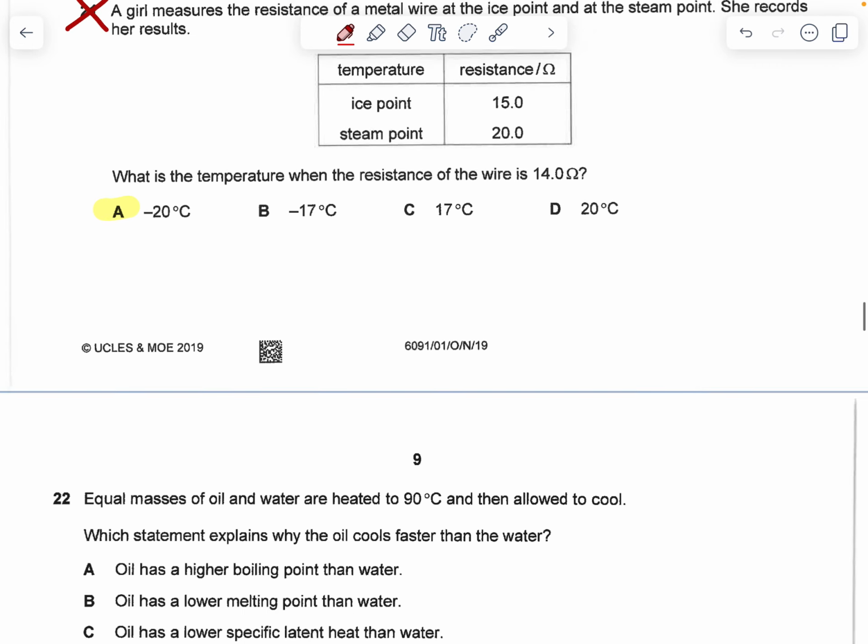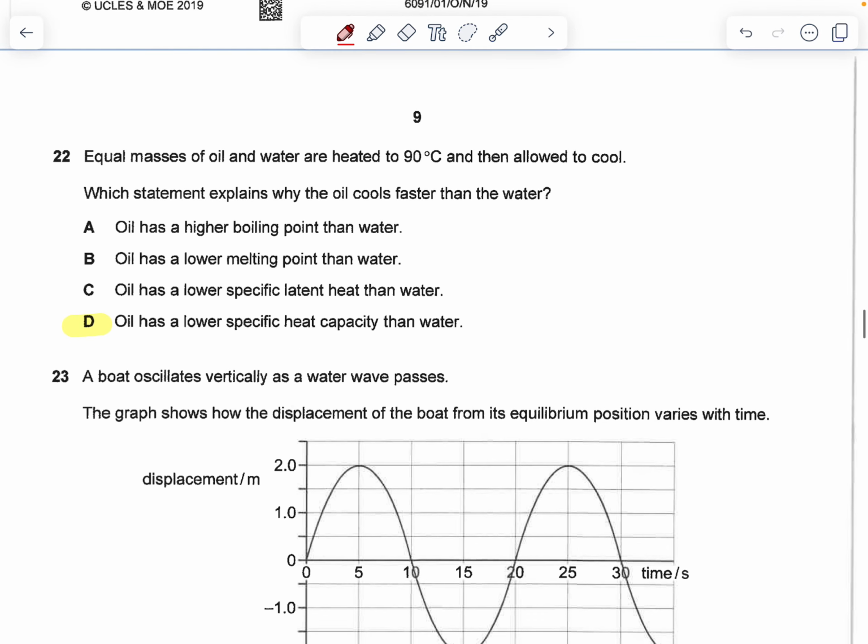Question 21, not tested. Question 22. Equal masses of oil and water are heated to 90 degrees and allowed to cool. Which statement explains why oil cools faster than water? Oil has a higher boiling point than water? Nope. Lower boiling point than water? Nope. Lower latent heat? Nope, because it's only a change in temperature.